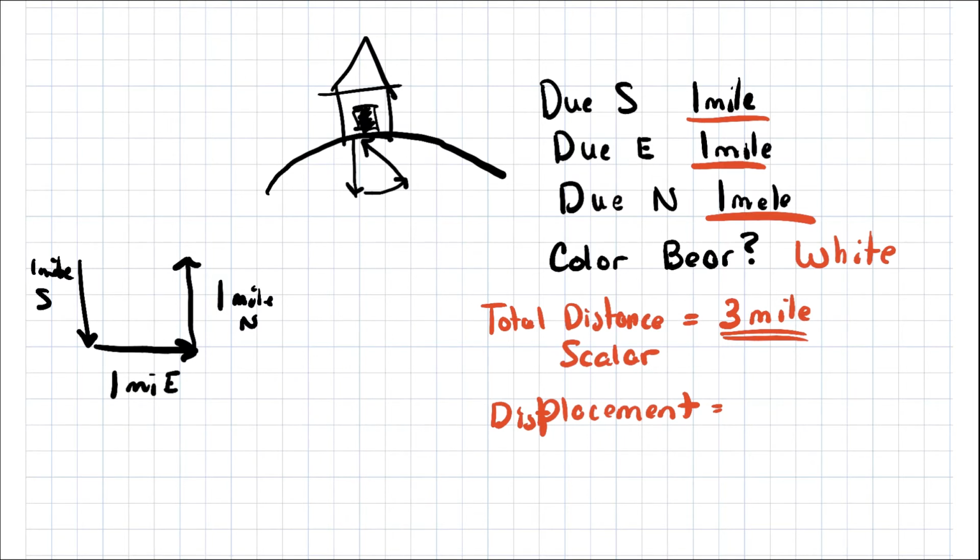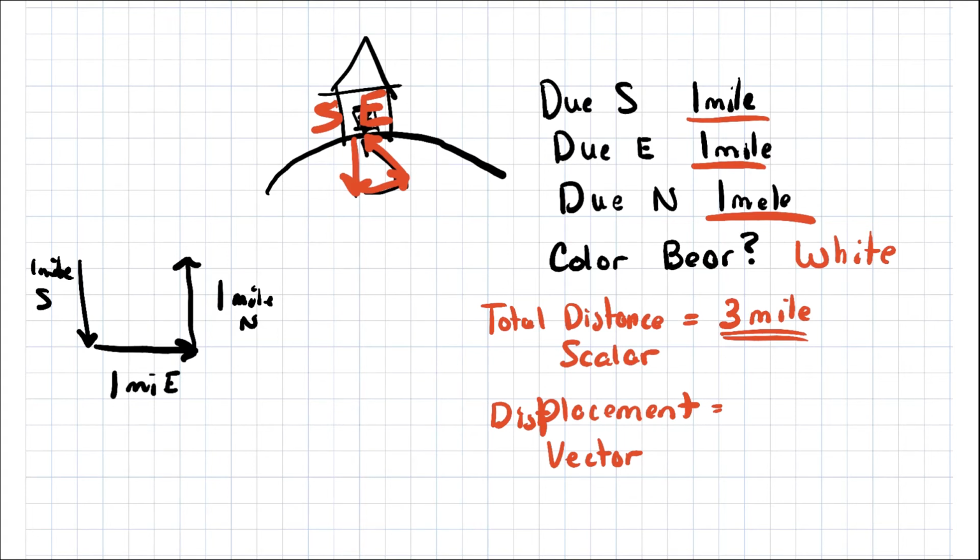Okay? Now, let's get to that displacement thing. Displacement is a vector quantity. Vector quantities have both magnitude and direction. So, if our person was at the North Pole and they started at the cabin, they walked south, east, and north, and they ended up right back at the exact same spot, displacement is how far away were they from where they started?